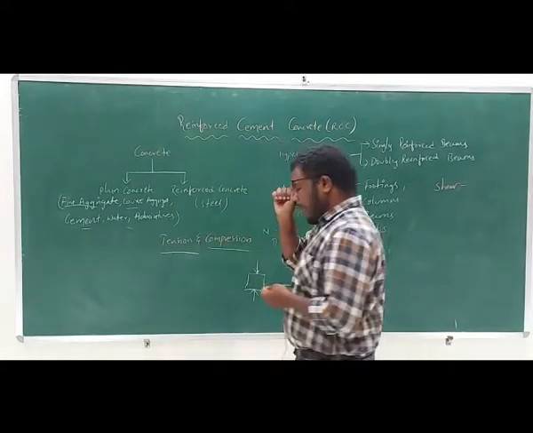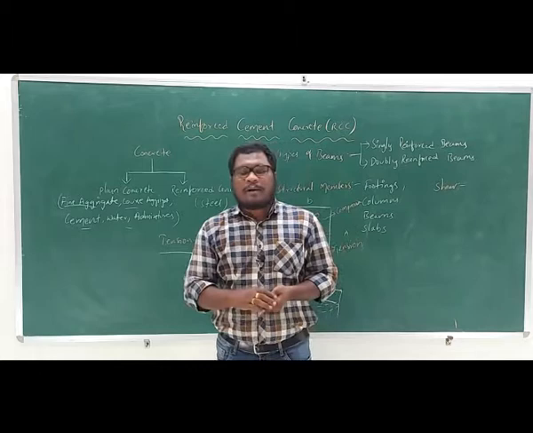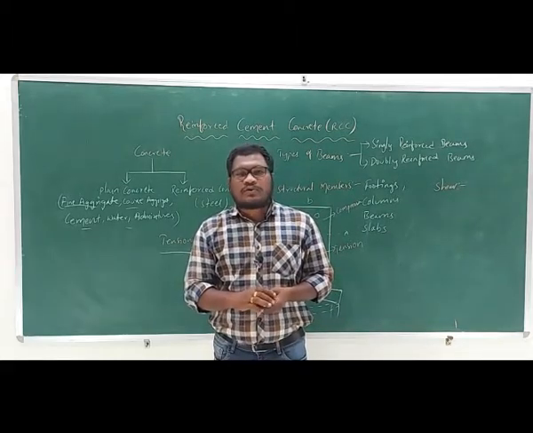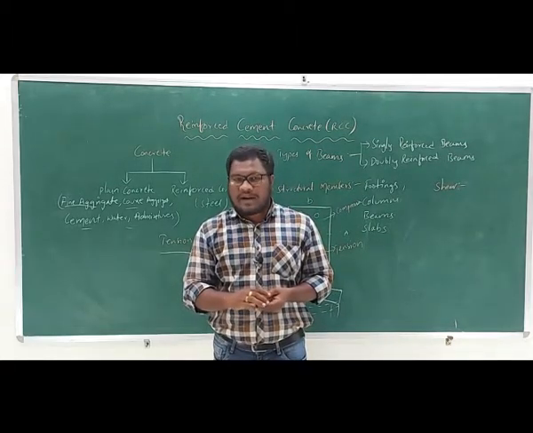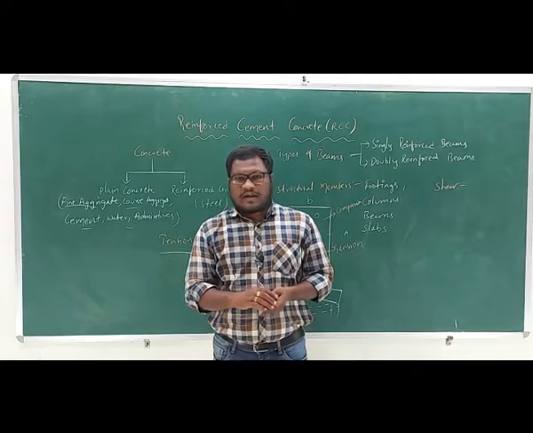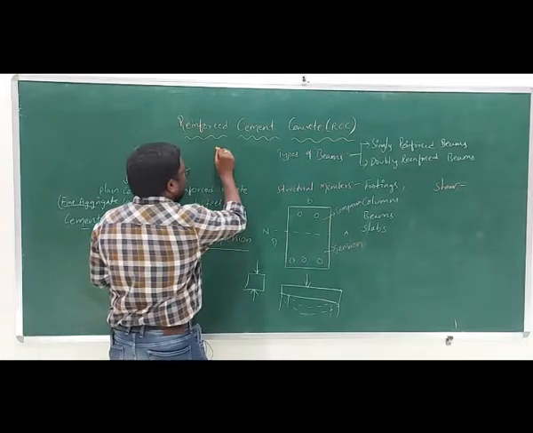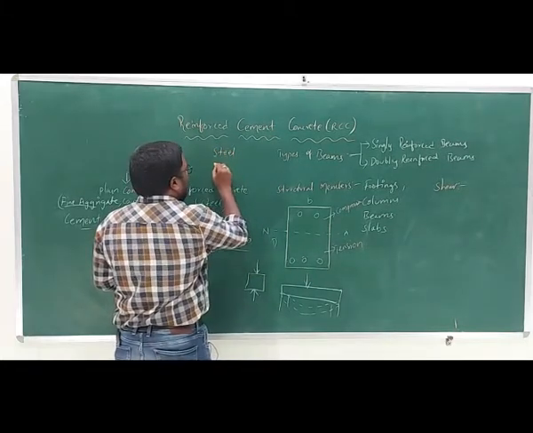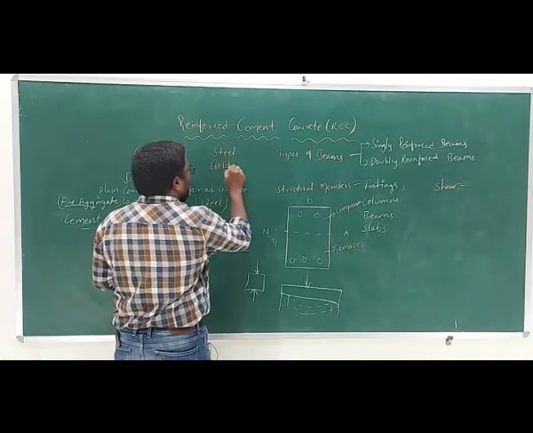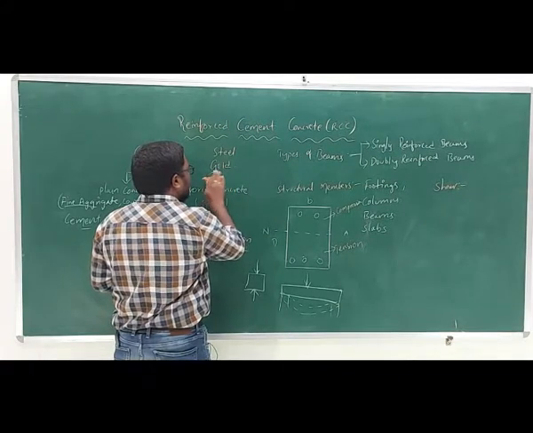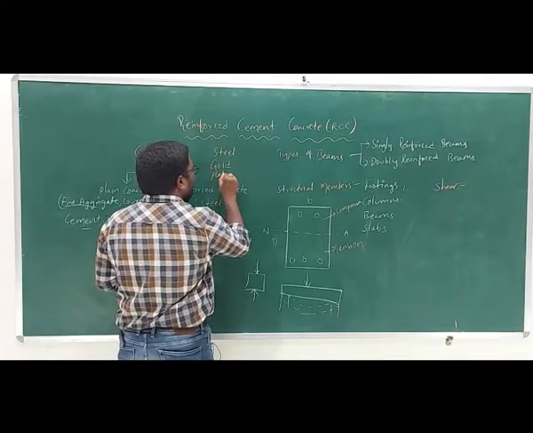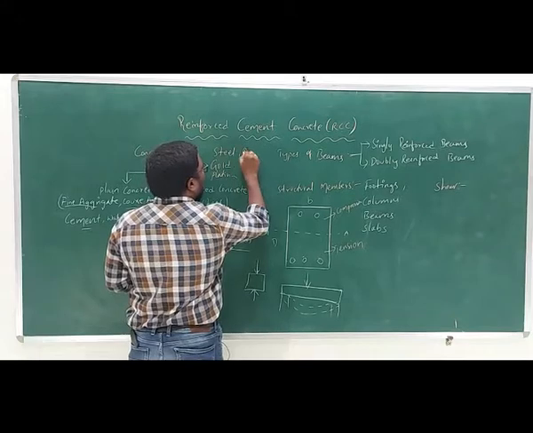Now, why do we provide steel? What is the purpose of providing steel? Why can we not use other metals which are available in the market? For example, we have different types of metals like steel, gold, titanium, platinum, aluminum.